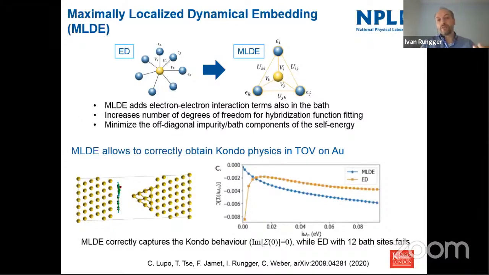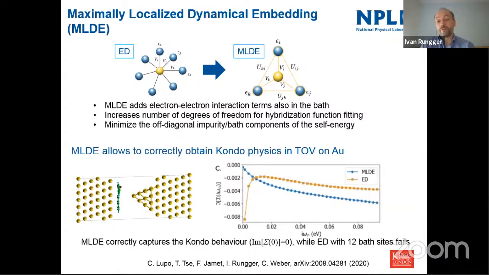Without this U, in the plain case, I don't have many peaks in the bath, so I need a lot of bath sites to get the peaks close together until they form some sort of continuum. But because MLD gives you exponentially many peaks, you don't need many sites, because you already have a lot of peaks in the bath, and then you get almost a continuous function.